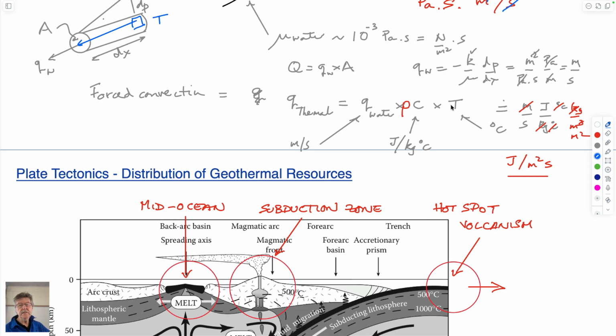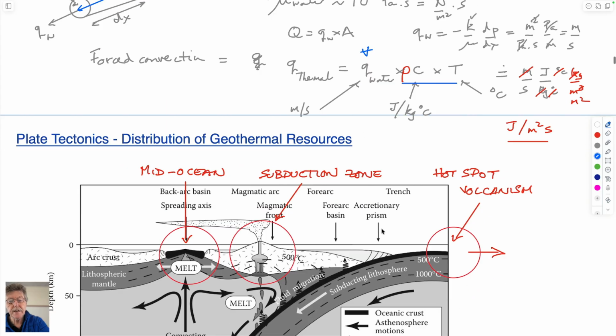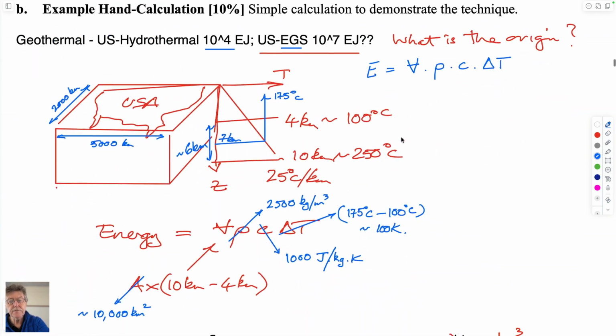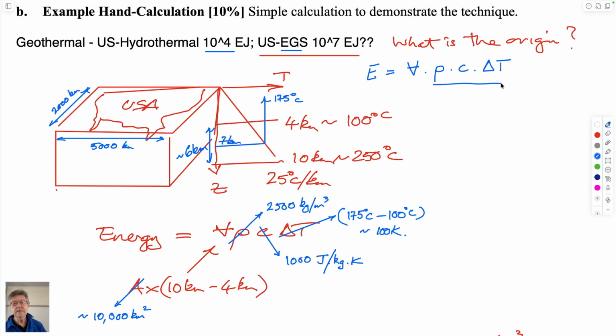So rho C T is the amount of thermal energy, and the volume of that block of rock which isn't moving is the amount of total energy which is included in it. So this part multiplied by the volume, in our particular case here, is exactly this expression we have here. So this is the advecting amount of fluid, and this was its volume per unit time as it comes out of the end of the cylindrical core.